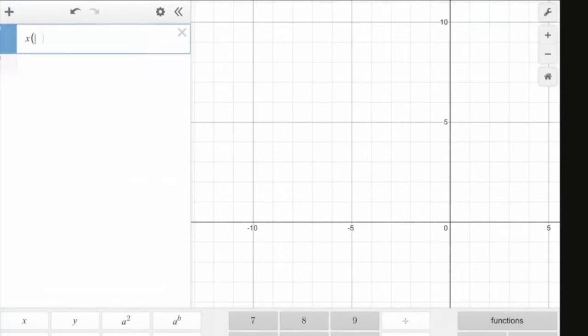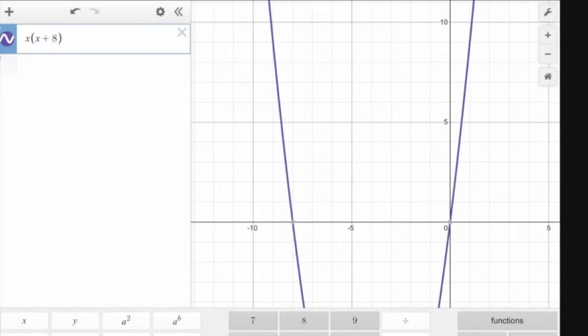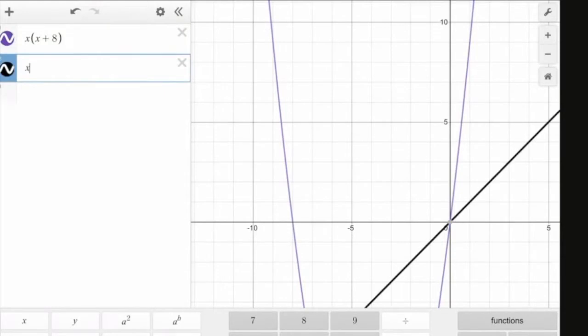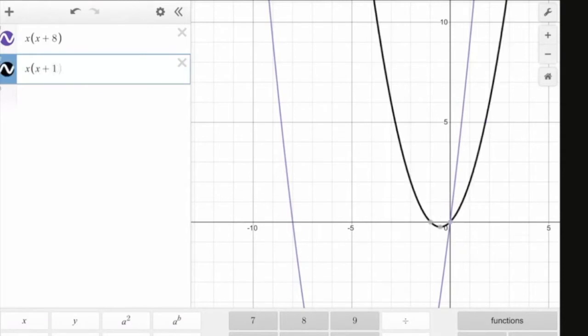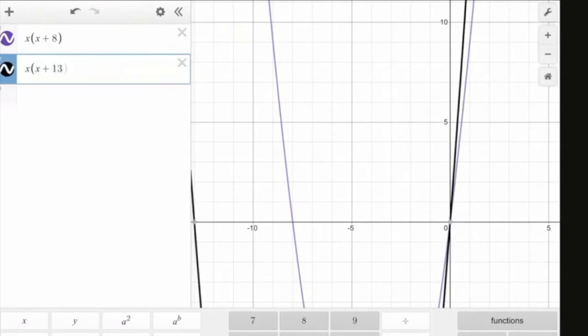X times X plus 8. Back that up. X plus 8. All right. And do our next one at X times, and then this is going to be the quantity X plus 13. So we wanted that one a little bit longer on the side.